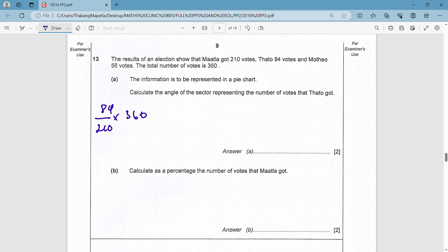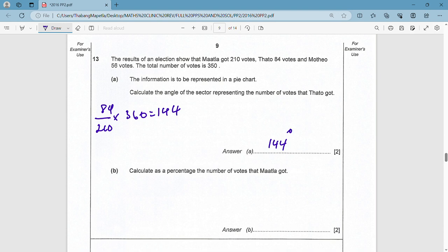Therefore we're going to have 84 out of 210 times 360, which is 144. So 84 votes out of 210 votes times the total of 360 is 144 degrees.